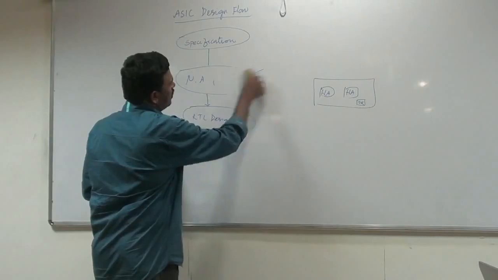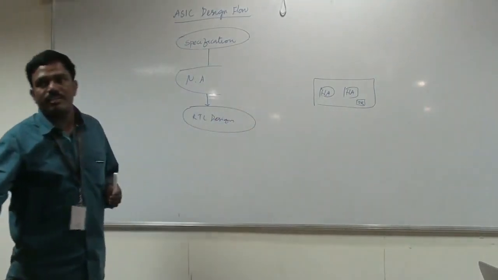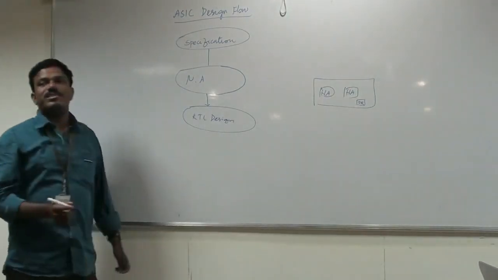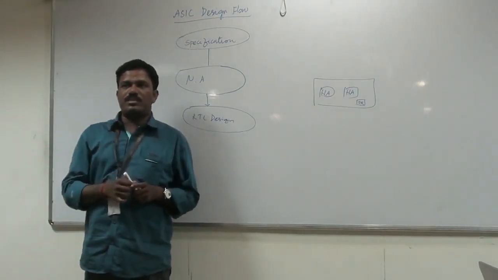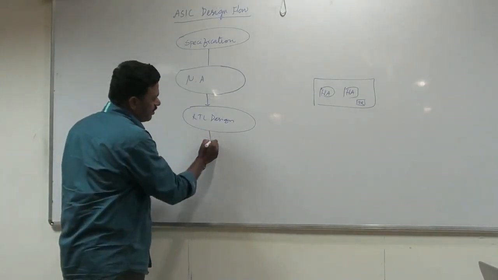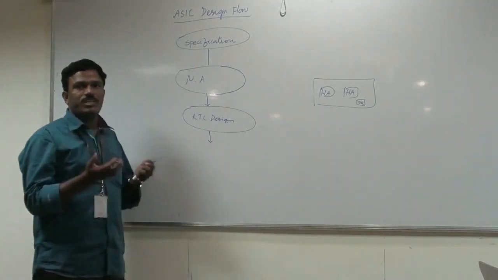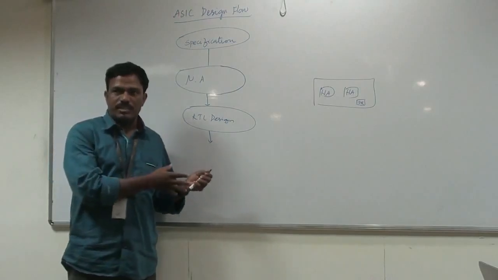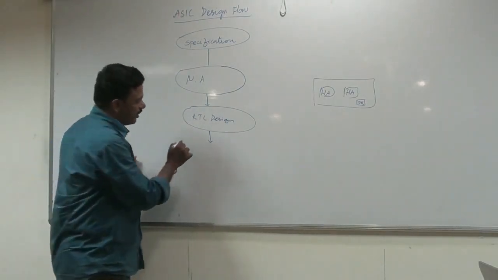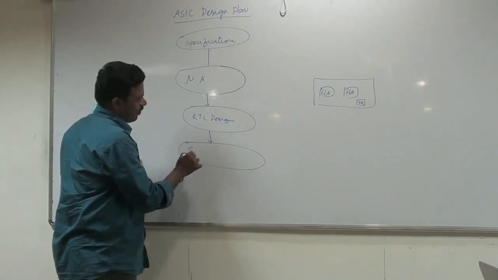The different groups make their own individual RTL, which is the first stage of our technology independent work. Once the RTL is designed, we need to verify the functionality, whether the RTL you designed is working fine or not. For that we need to go for simulation.